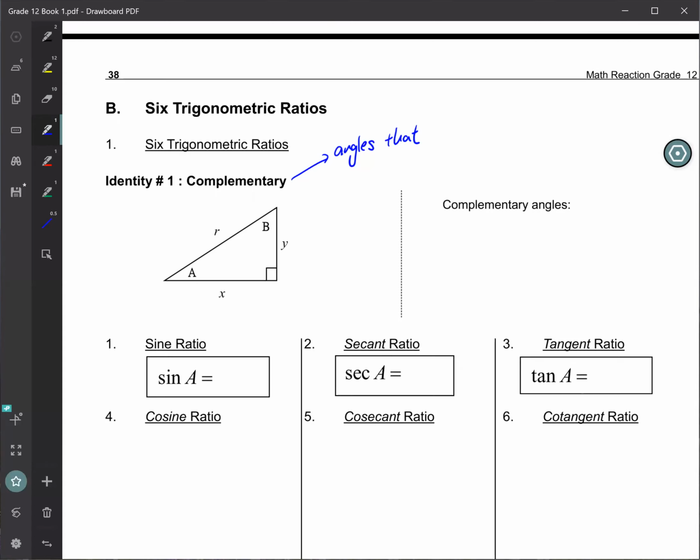Donna, do you know what complementary angles are? Something that are the same, different. Which one? The same or different?